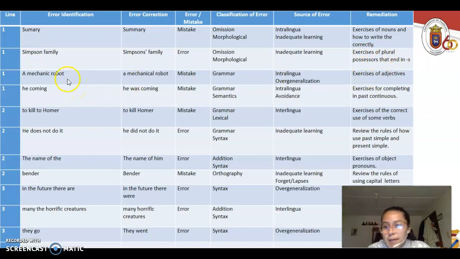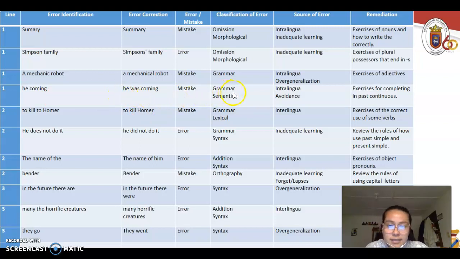So to sum up an aspect, we have here he coming, he doesn't do it, and they go. So in this case the student confused the time, because the whole text is talking in past, so the student had to write every verb in past.